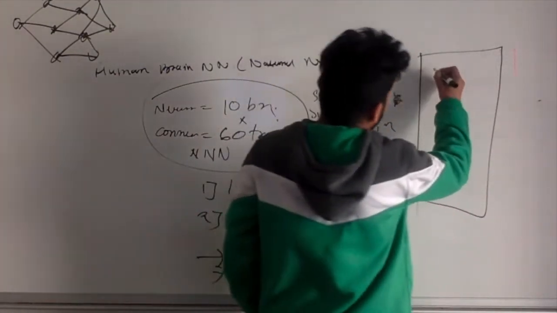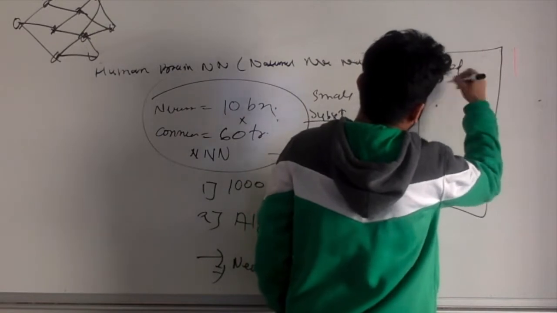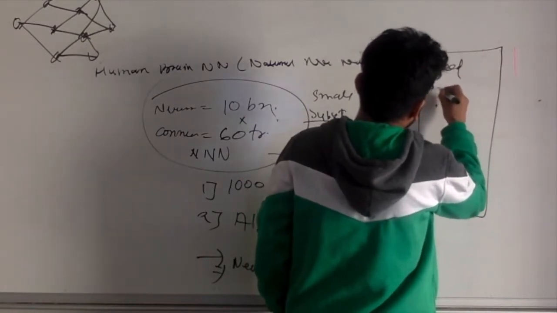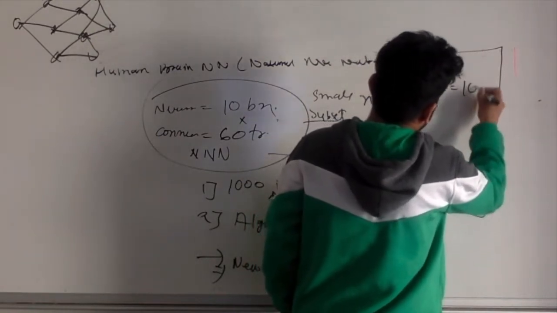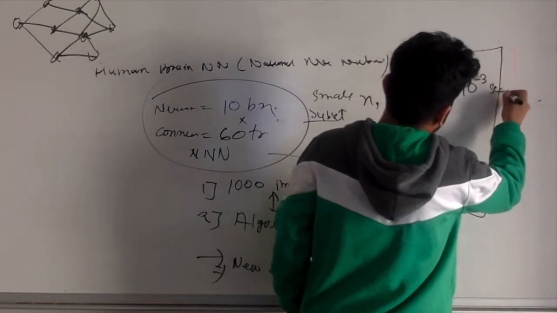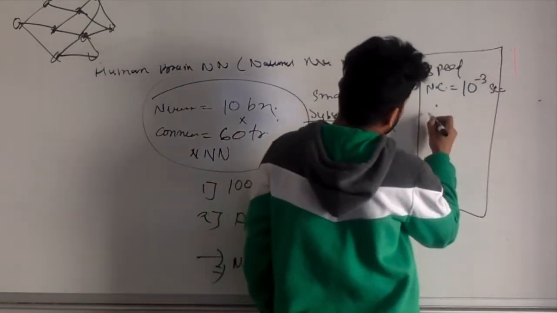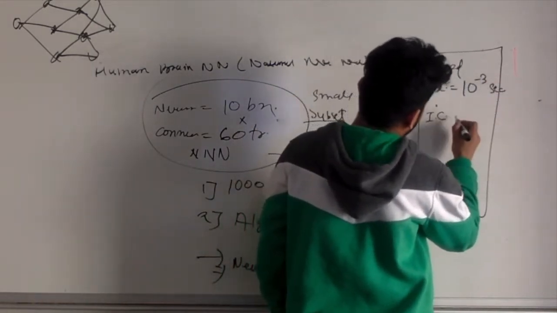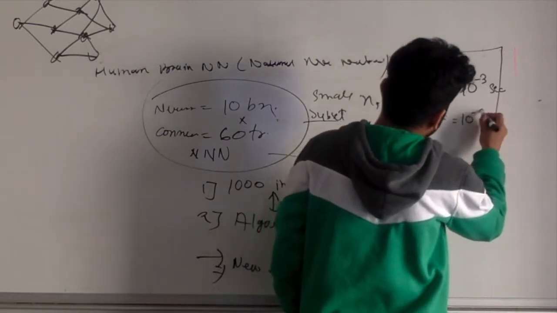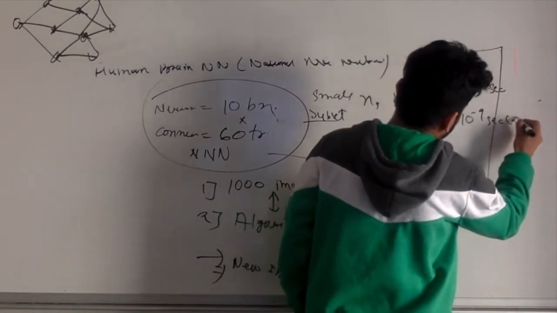The speed of a neural cell in a human is about 10 to the power minus 3 seconds. And the processing speed of an electronic IC is 10 to the power minus 9 seconds, which is a nanosecond.